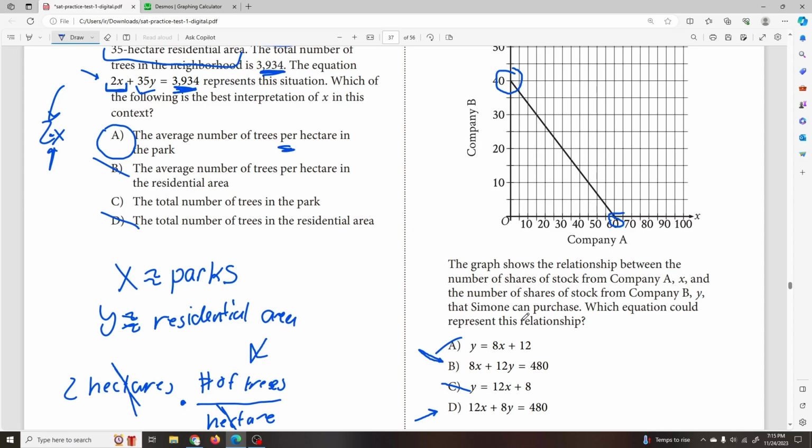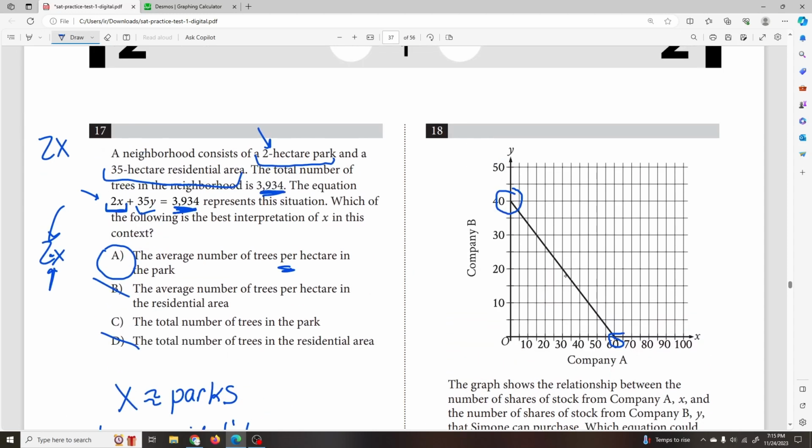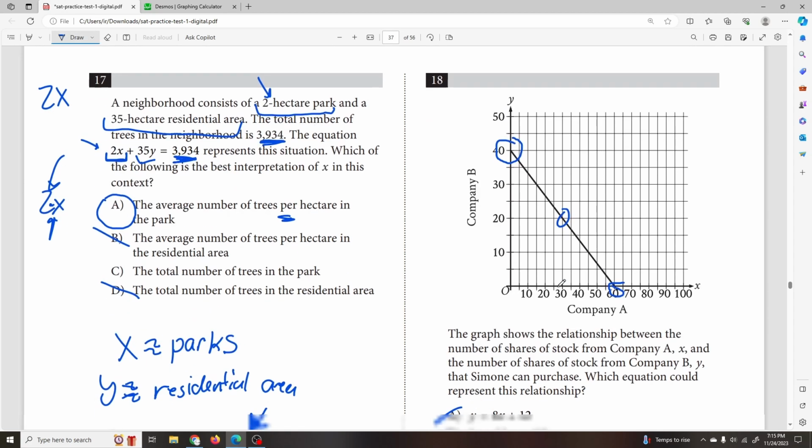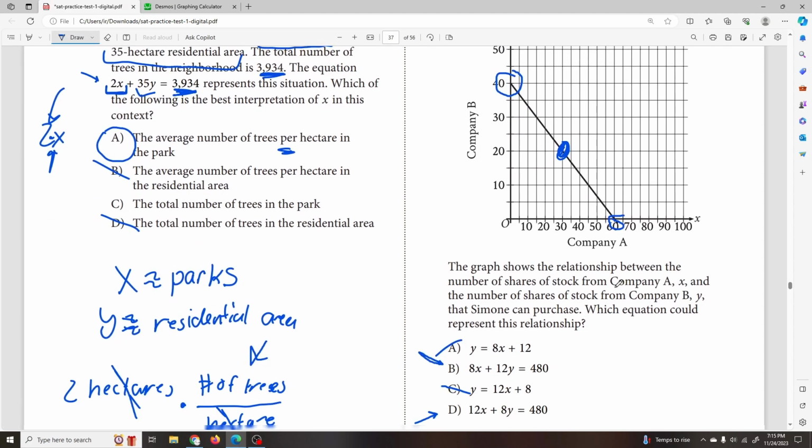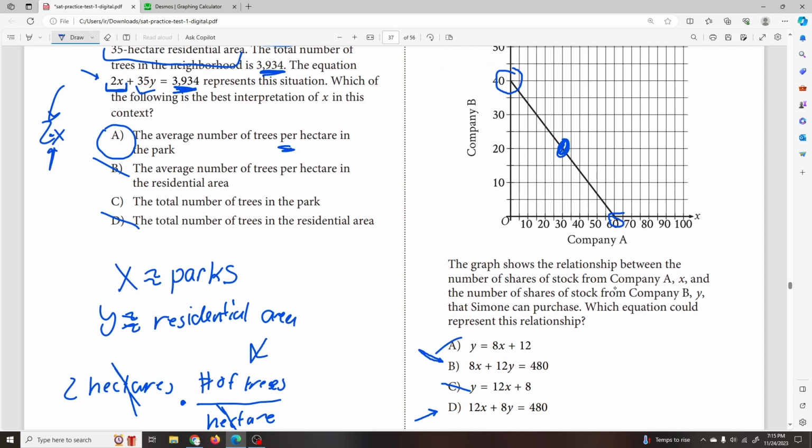So the best way to do this is to look at a point on this graph and see if it lies on the other graph. The equation is going to represent every single point that lies on this graph. So the correct solution has to include this point and all of the points on the graph.